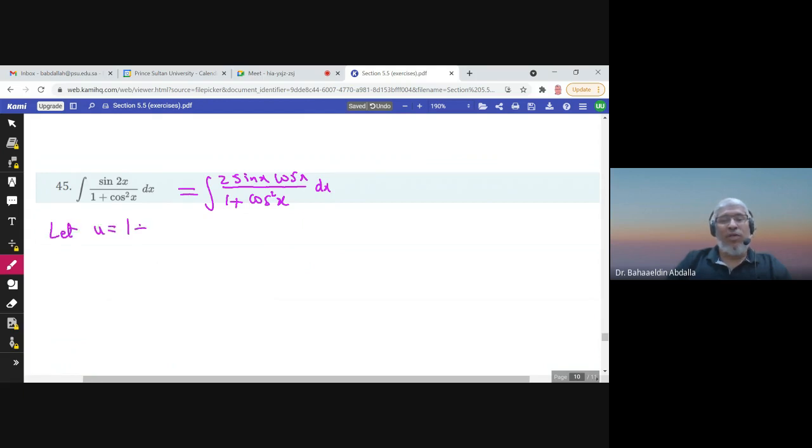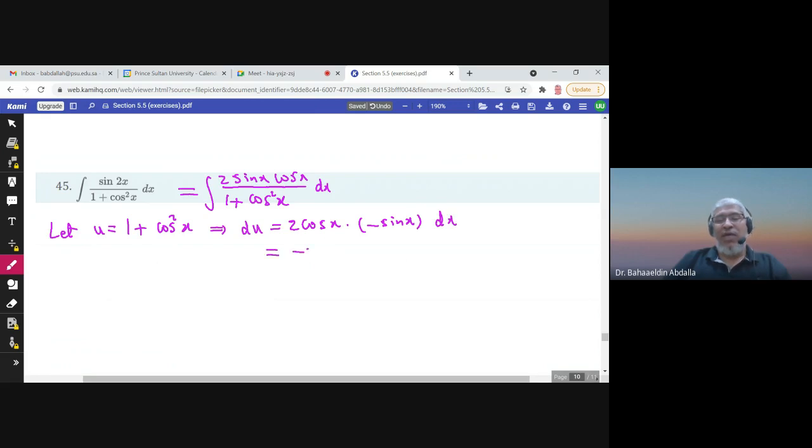All the denominator. And let us see whether the derivative is there or not. The derivative of 1 is 0. The derivative of cosine square using the chain rule is 2 cosine x to the power 1 times the derivative of cosine, which is negative sine x dx.